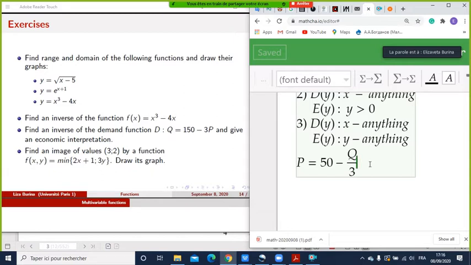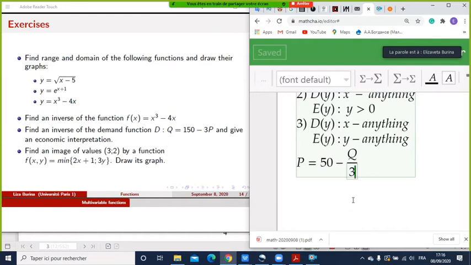And here, this helps you to plot it better because, as I mentioned, in economics we mark axes differently, so the independent variable goes not where the dependent goes in math. So if you find an inverse, it will help you to plot it easier.